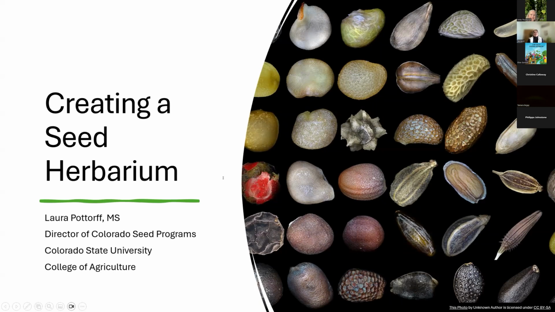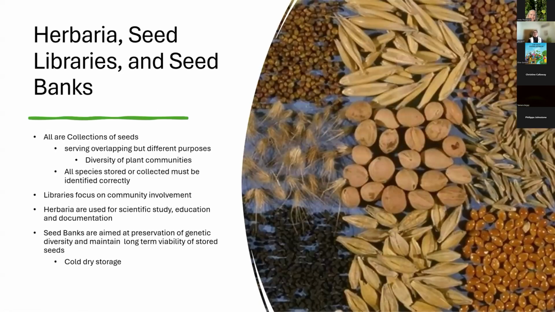So I was asked to talk about a seed herbarium, and I will do that, but I thought it would be best perhaps to talk about seed herbaria in the context of how they are the same and how they are different from seed libraries and seed banks. There are some overlapping commonalities that these three entities have, and all three of them are representing a diversity of plant communities.